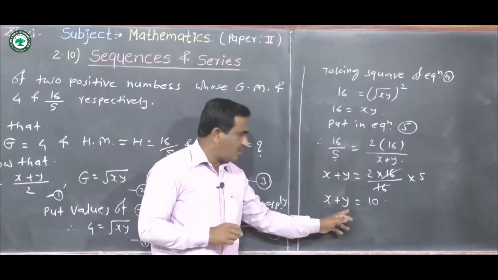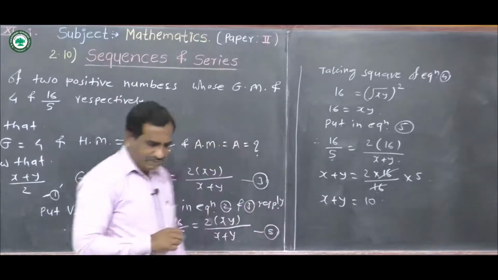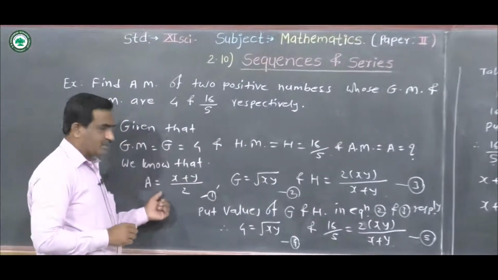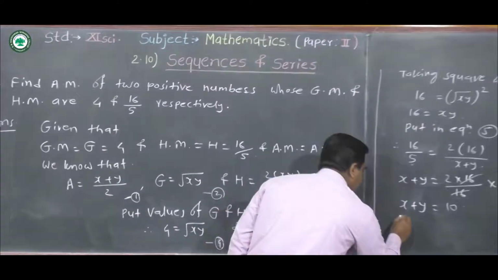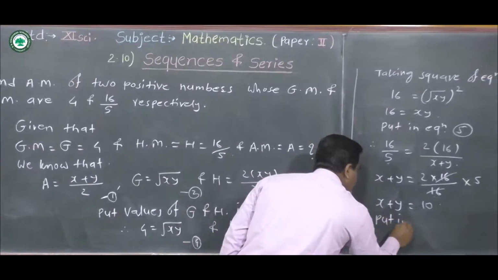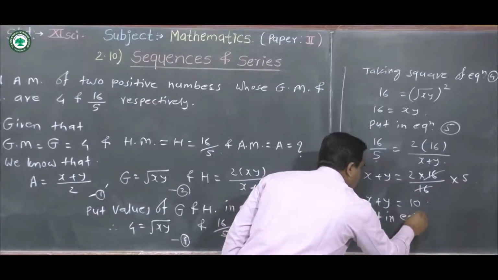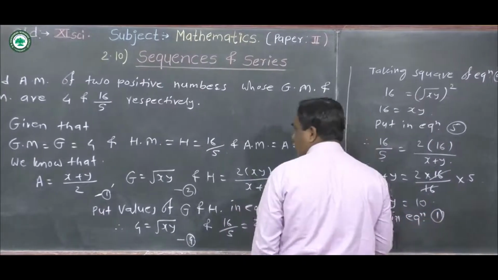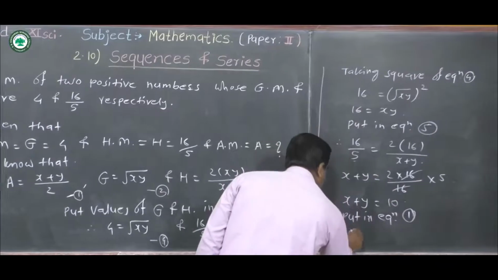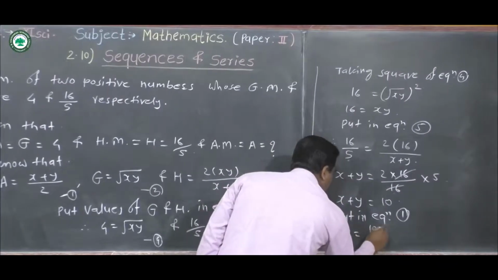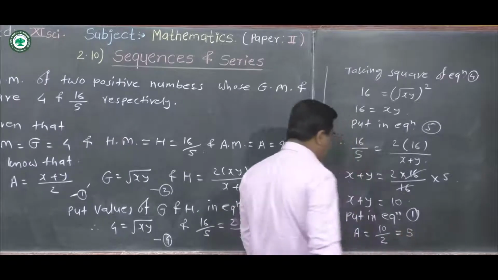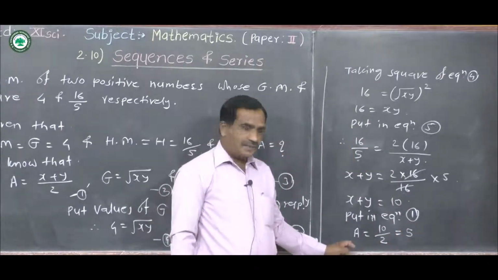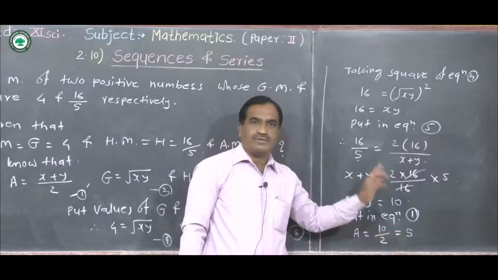Now put this value of x plus y equal to 10 in equation first. Therefore equation first becomes A equal to 10 upon 2, that is equal to 5. That is, arithmetic mean A is equal to 5.